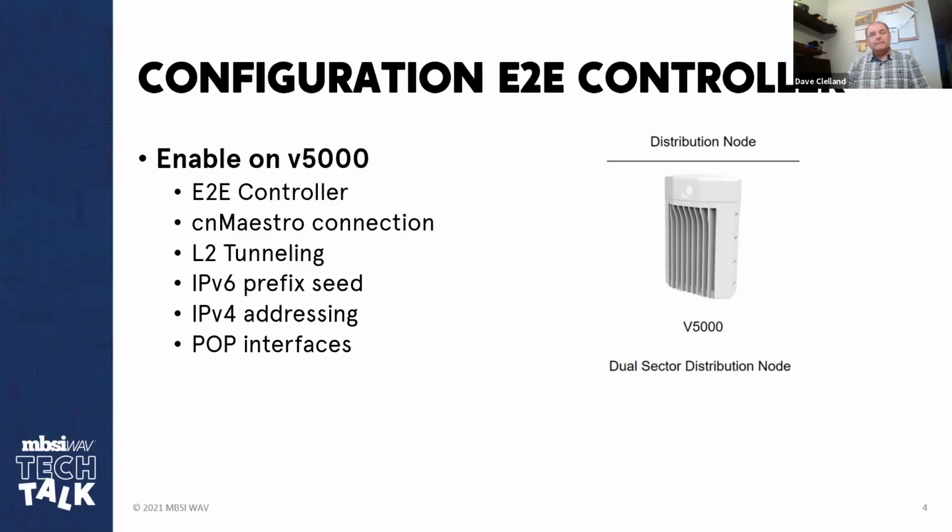So I've got a laptop that's connected up there as well, and it's going to be one of my iPerf servers that we use at the end of this demo. We're going to test and show some throughput across the network.